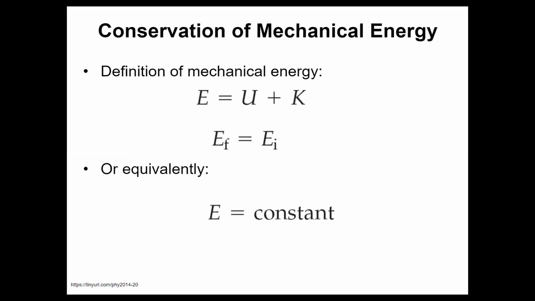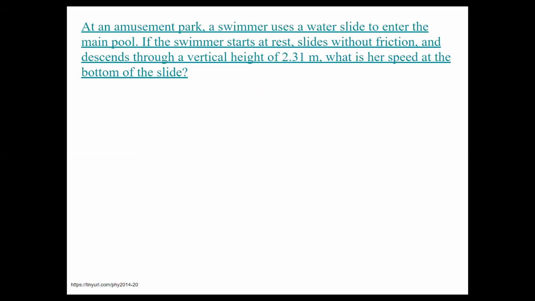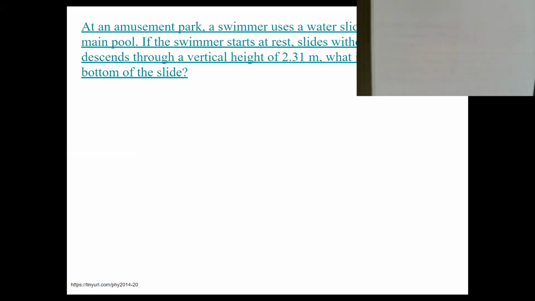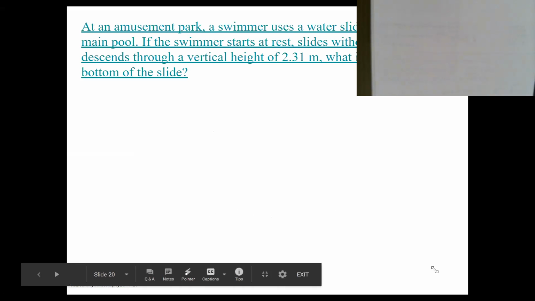All right. So we are going to take a look at this one together, because we have only a few minutes remaining for the class. This one says, at an amusement park, a swimmer uses a slide to enter the main pool.